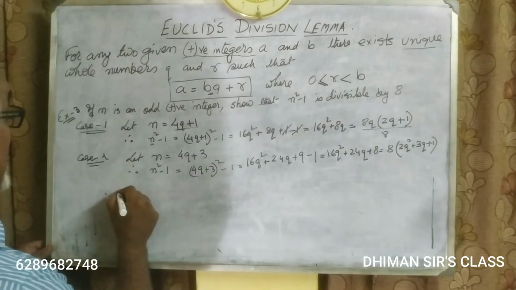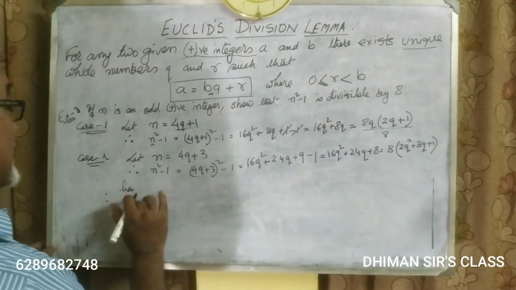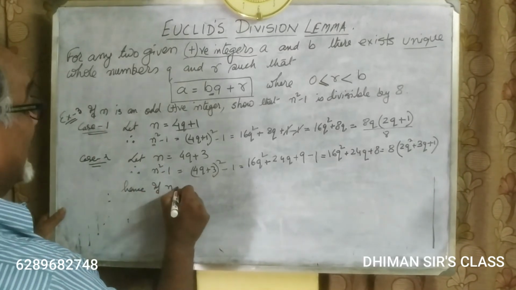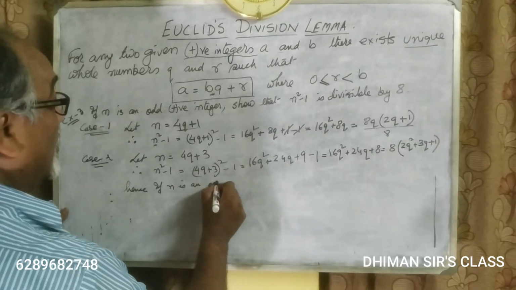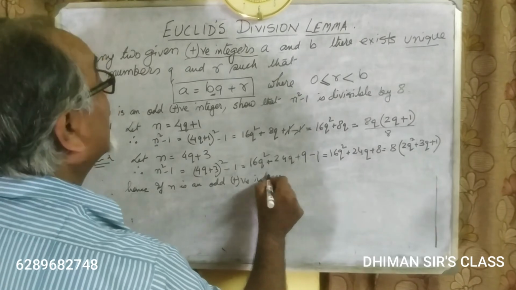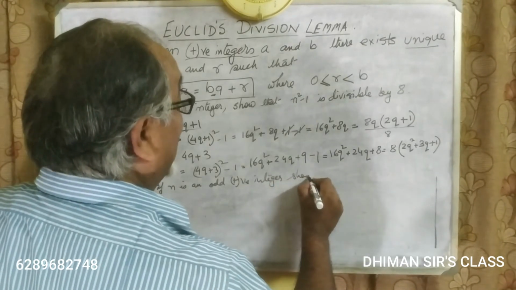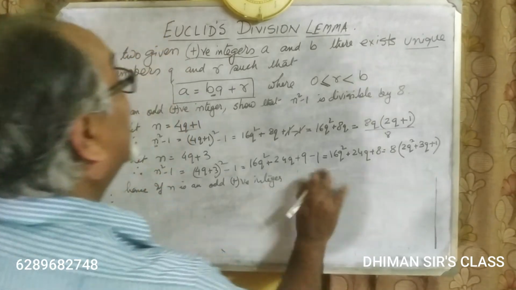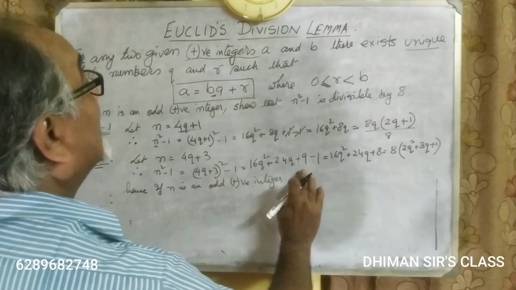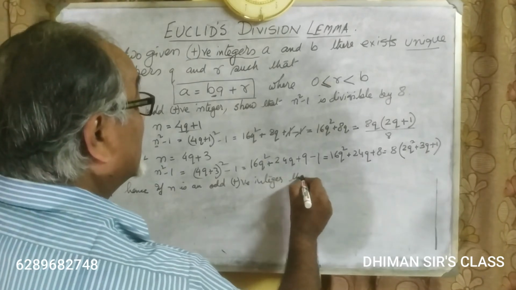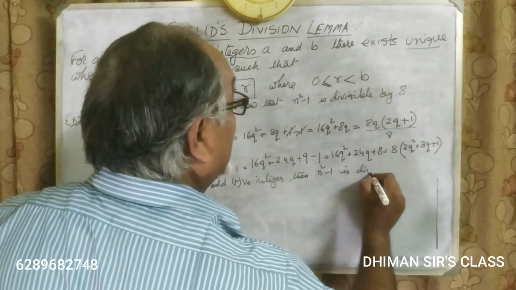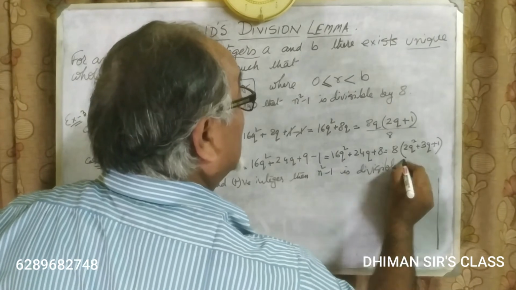Okay? So hence you will write down at the end as conclusion, as in the previous examples also. Hence, if n is an odd positive integer, then n square minus 1 is divisible by 8.